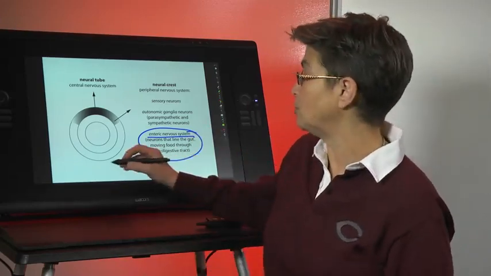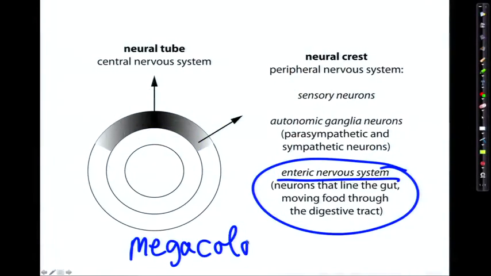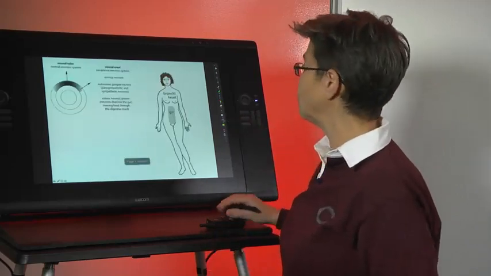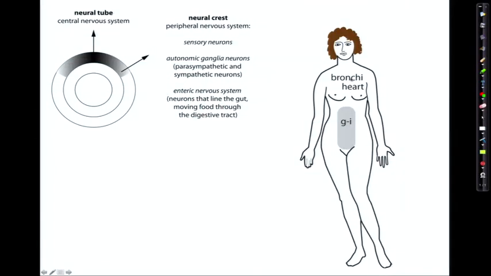A newborn will be born with something called megacolon, which is exactly what it sounds like. It means that the colon is really big because it contains a lot of feces that have not been pushed out. This has to be corrected, and this is a piece of the enteric nervous system. And just to show you, on a person, the enteric nervous system is lining the esophagus, down through the stomach, through the intestines, through the large intestine, and out through the colon. That entire length of the GI tract is lined with the enteric nervous system.